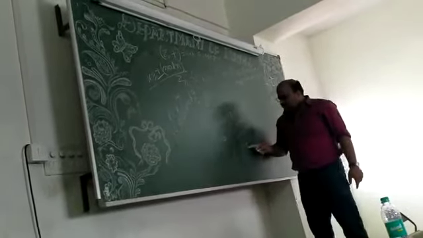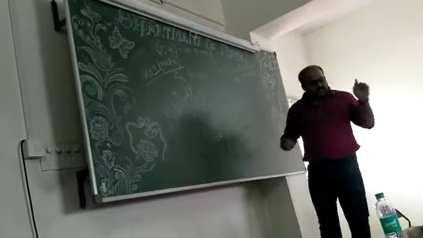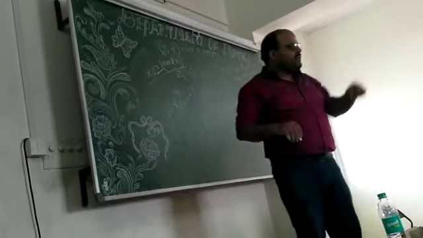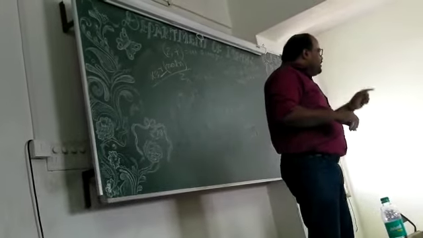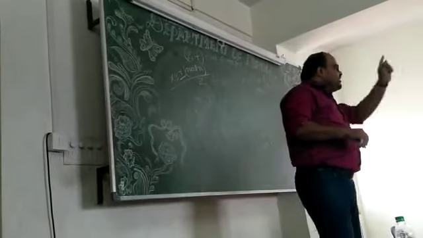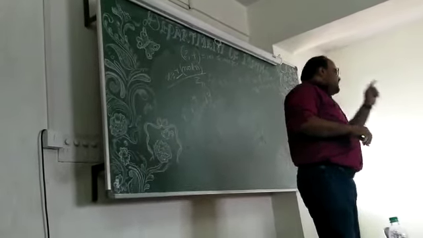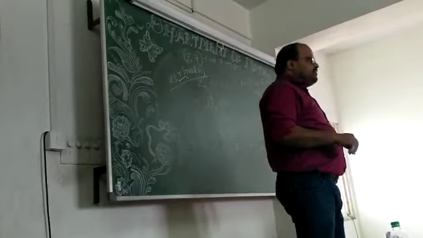So here minus 2 came, but we need modulo 3. We won't leave it here. For modulo 3 we want all positive values less than 3, meaning 0, 1 or 2. Only these will come as remainders. But here the remainder is minus 2.